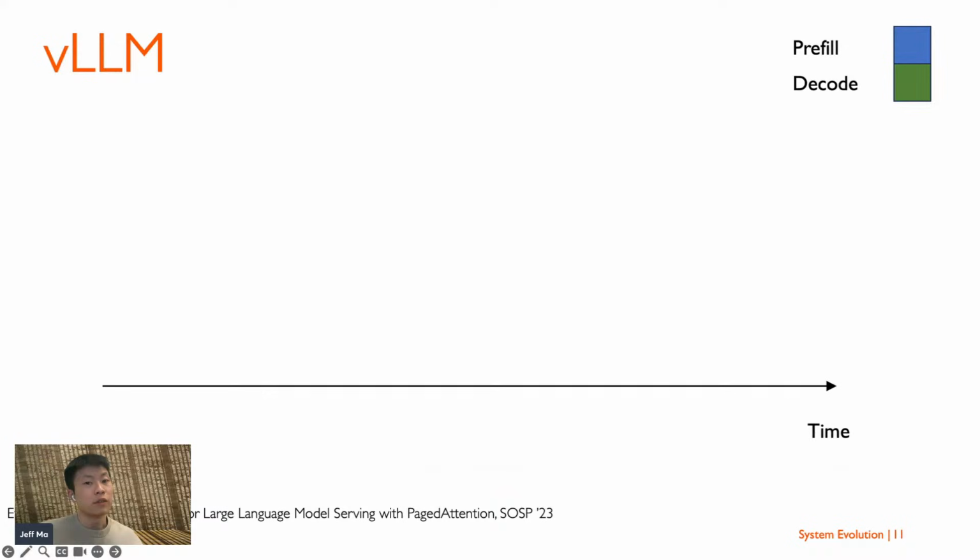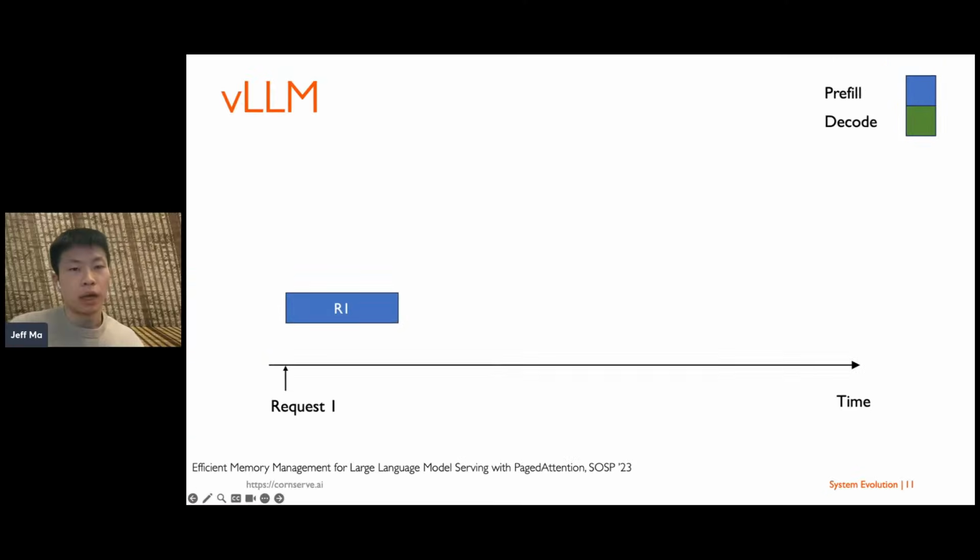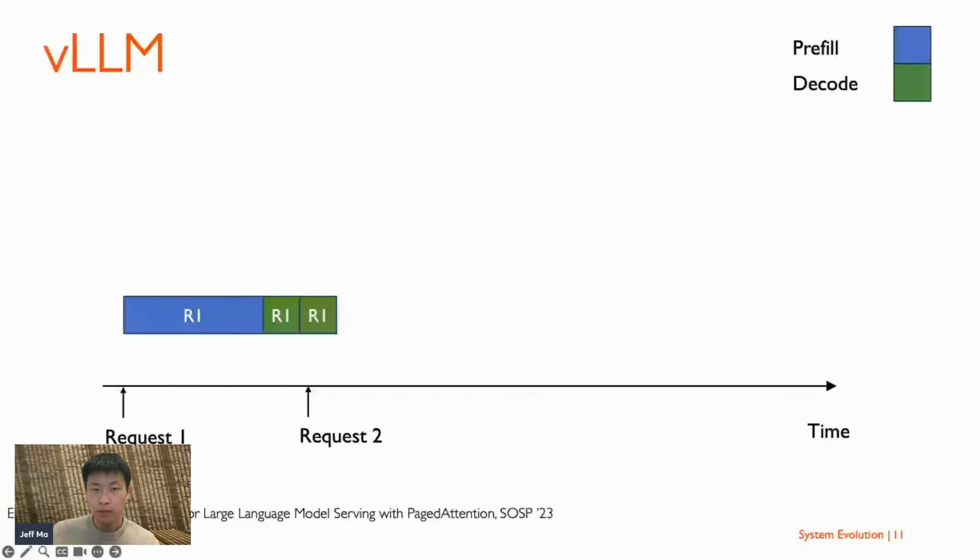One of the state-of-the-art LM inference engines is vLLM, and here is how it will handle multiple requests. Here the x-axis is the time. When request 1 arrives, vLLM will first start the prefill process of request 1, and then decode until request 2 arrives.